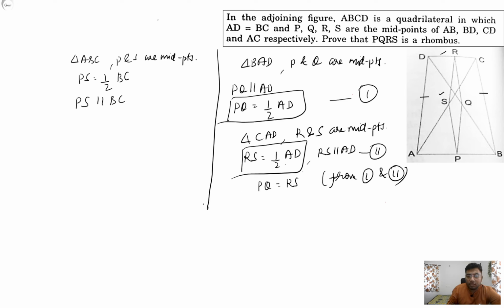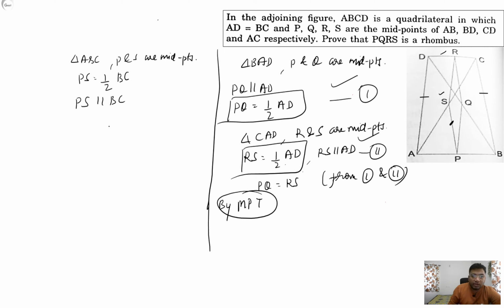Guys, please remember everything that is happening here is by midpoint theorem. All the equation 1, equation 2, all these results that I'm writing are based on midpoint theorem, because two midpoints in a triangle is a clear green flag for us to go ahead and use the midpoint theorem. So we have got PS parallel to BC, and PS is half of BC.